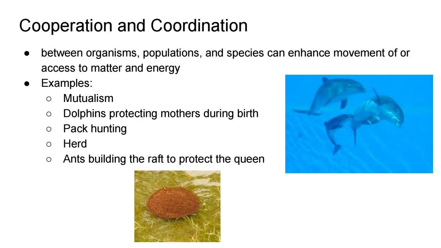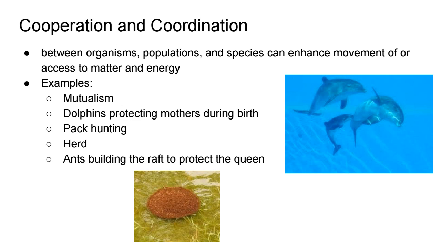In the example we saw earlier with the bee and the flower, the bee is getting a good source of energy. So the flower is allowing it access to energy, where then the bee helping pollinate the flower is allowing the flower to increase its genetic diversity.